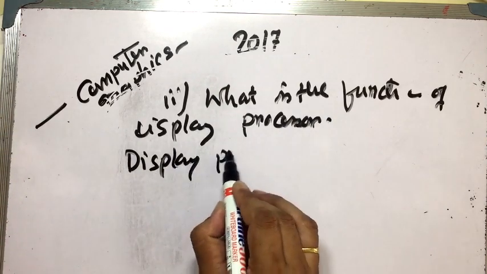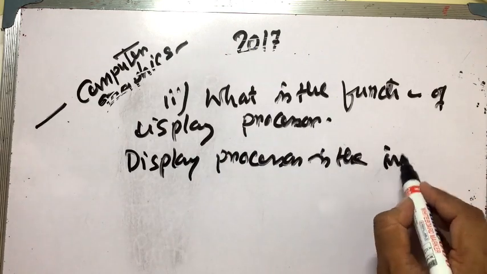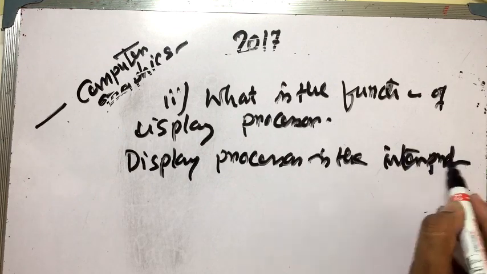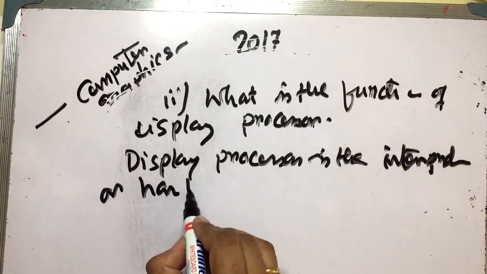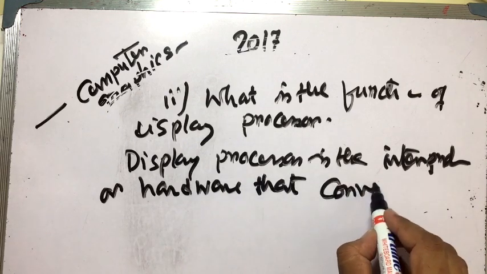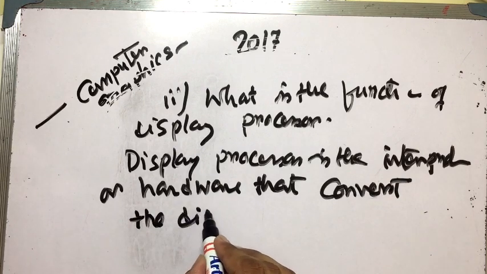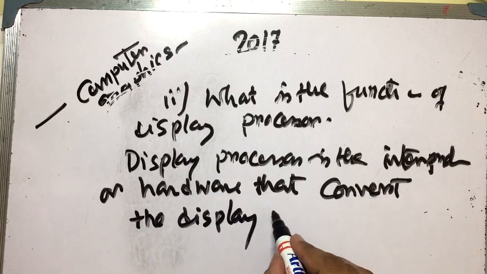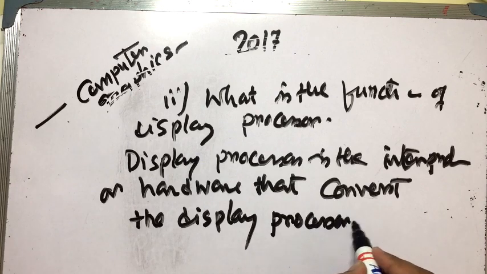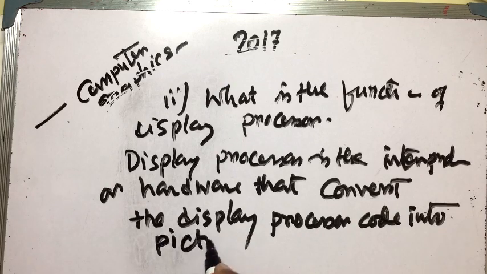Display processor is the interpreter or hardware that converts the display processor code into picture. So display processor is the interpreter or hardware that converts display processor code into picture.